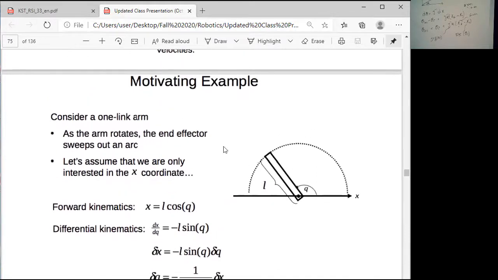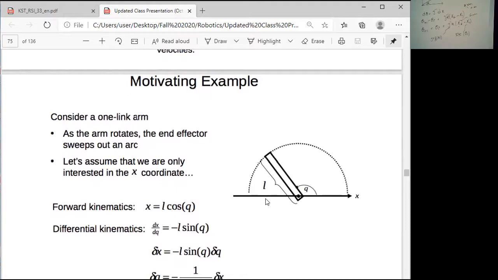If I have a 1 degree of freedom system, I simply have this bar and the angle theta. The forward kinematics is locating the end effector position as a function of q. What is the coordinate of the end effector? It will be L cosine q. If q is greater than 90 degrees, then the cosine of that angle will be negative.